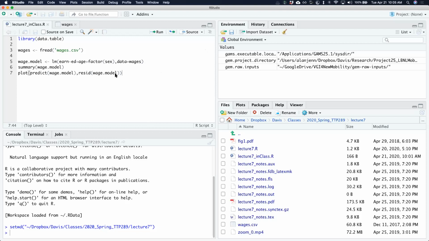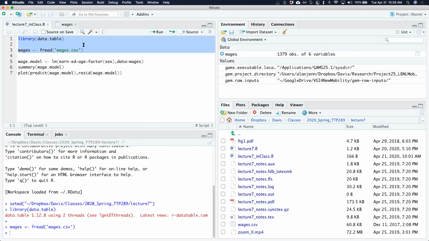So we're going to go ahead and pick up from where we were at the end of class last time. We were looking at this data set called wages. Just as a quick refresher, we can look at what is contained in here.